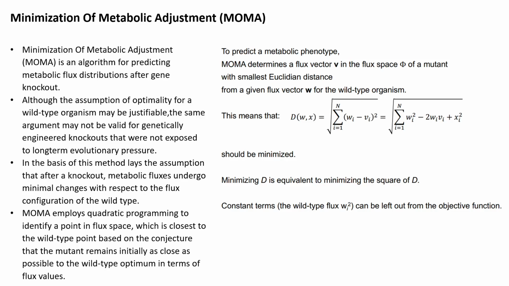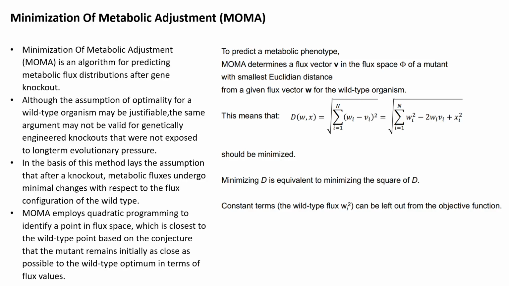The whole idea of MOMA, minimization of metabolic adjustment, is that even if a certain element in the metabolic network is not there, or is perturbed, or is not working properly, the system will choose to adapt in such a manner that there is least adjustment and least change from the original network.